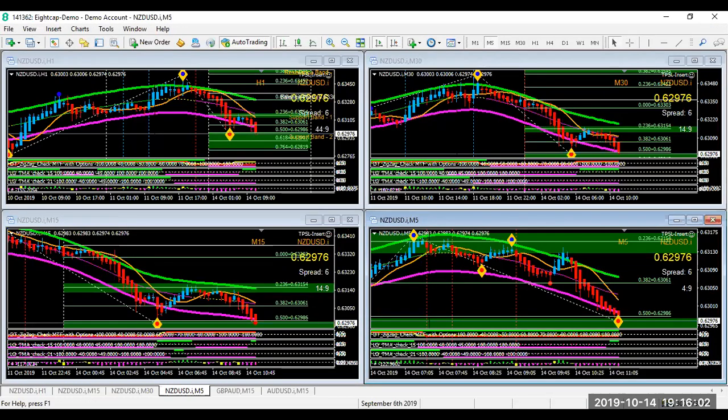Now, just going back to the resting multi-chart screen, we can see how they actually work hand in hand.